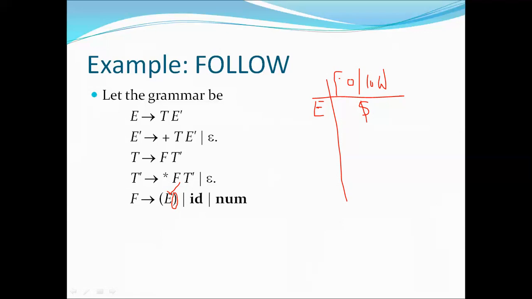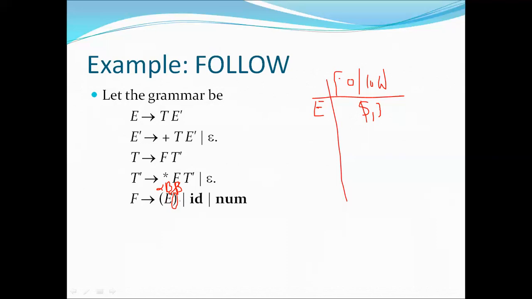Here this is alpha, this is B, the one we are finding the follow for, and this is beta. According to the second rule, the first of this beta will be included in the follow of E. The first of this is the closing bracket itself, and the dollar symbol is already there.